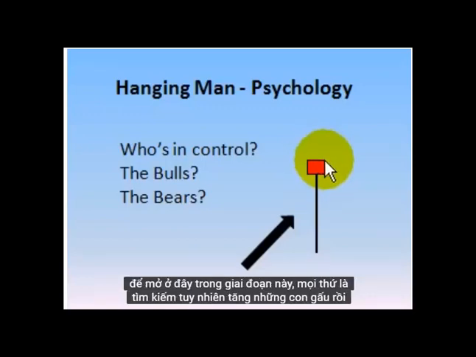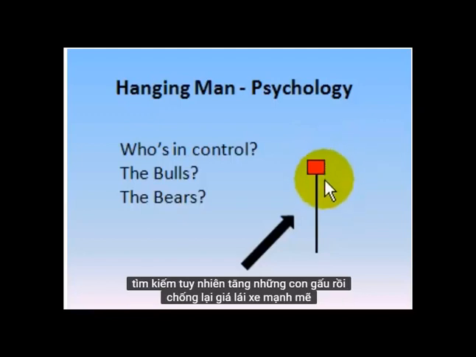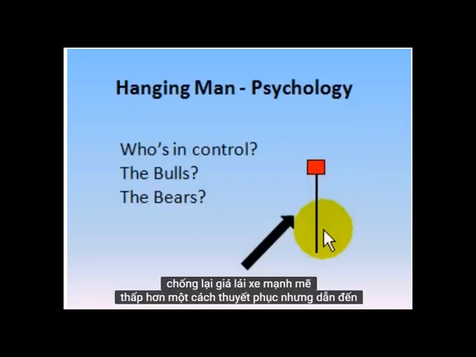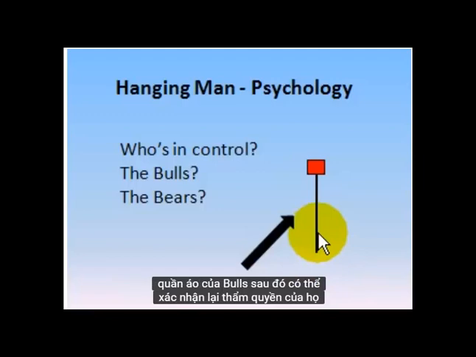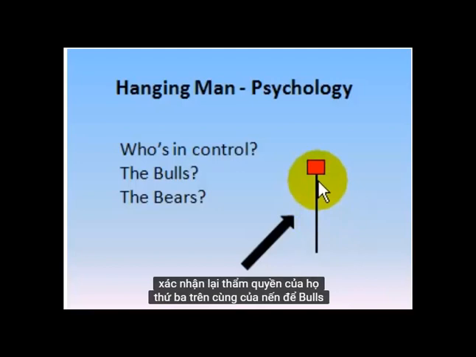However, the bears then fight back strongly, driving price convincingly lower. However, leading into the close, the bulls are then able to reassert their authority, closing back in the top third of the candle.